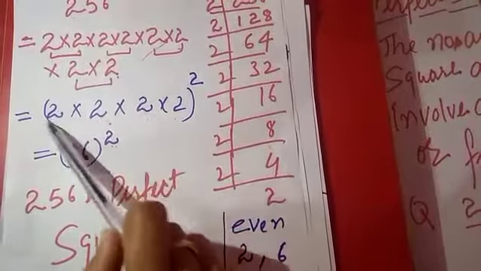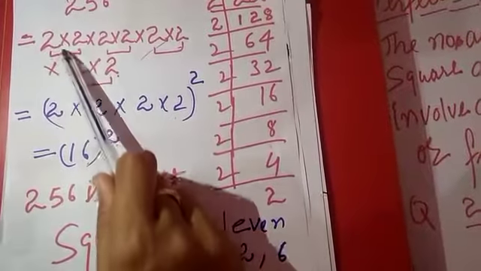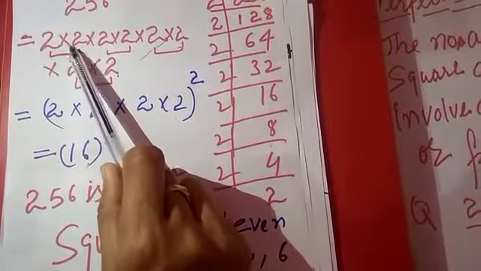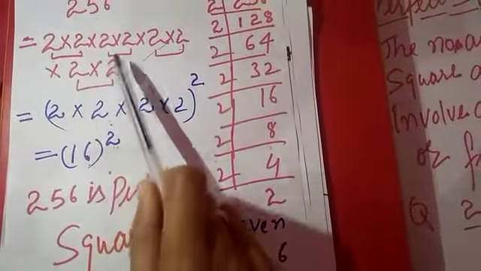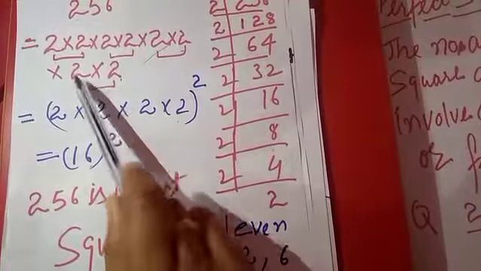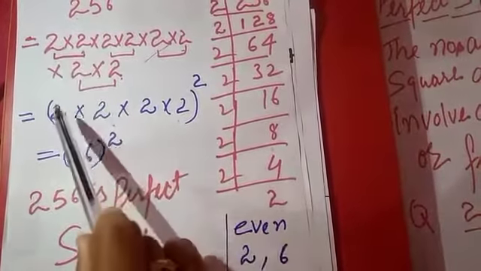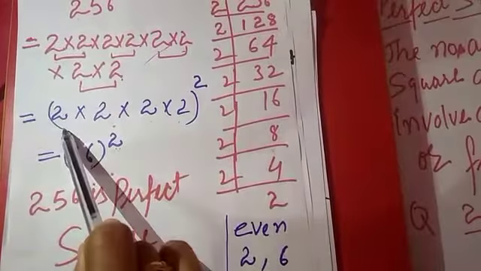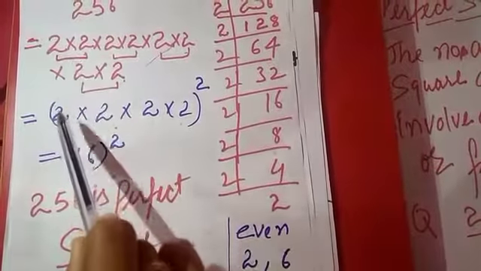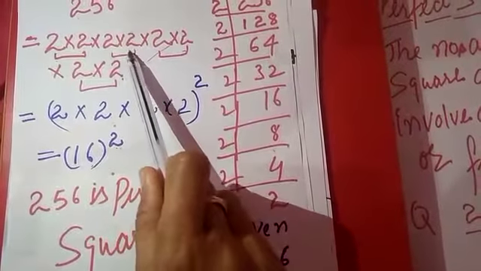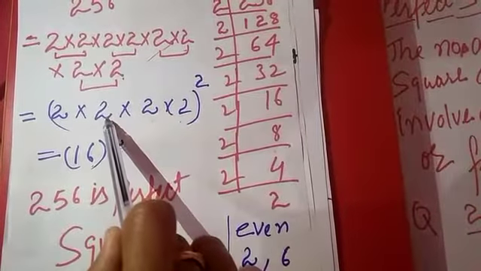So I have written every 2 in a common square. See, I take one 2 from there and write it here. From any pair we will pick only a single digit, a single number. From this pair I have taken a single number, and from the next pair also I have taken a single digit.